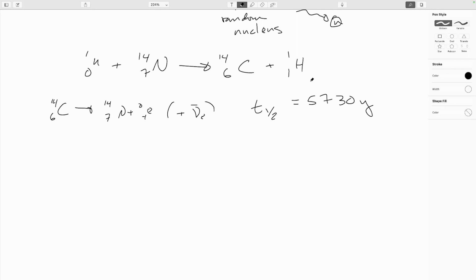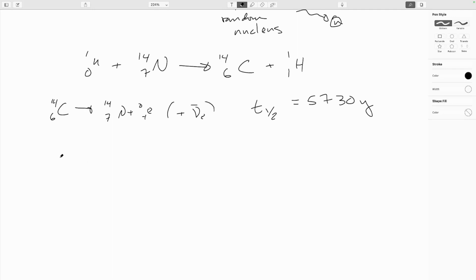So if you then go and take a look at the rate of beta decay happening in the sample after the tree's been cut down and burned, it doesn't have any mechanism by which it can replenish the carbon-14 it has. So that carbon-14 starts decaying.